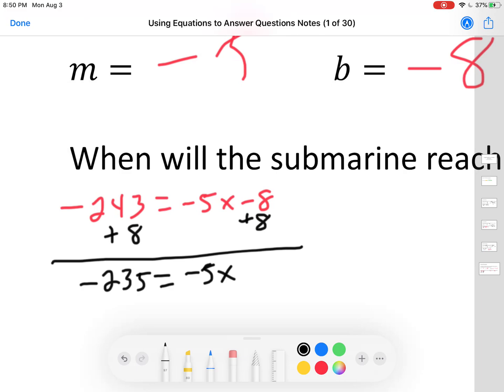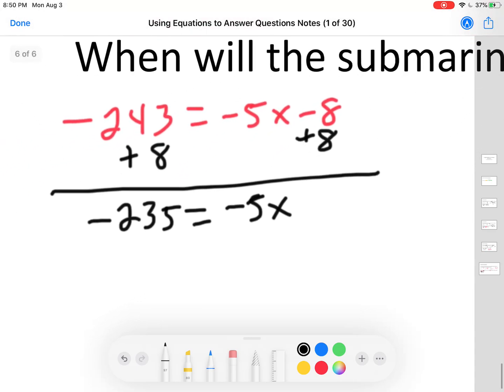I'll skip putting the 0. It's not needed. Okay. We got rid of the -8.